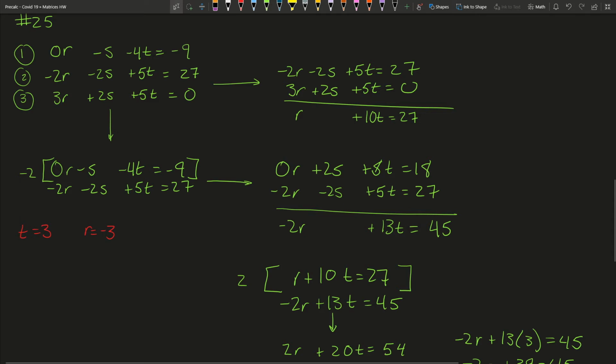In this case, I'm going to pick the first one, just because that's a little bit easier to work with. So we have 0 times -3 minus s minus 4 times 3, and that should be equal to 9. After we do that, we just solve for s.